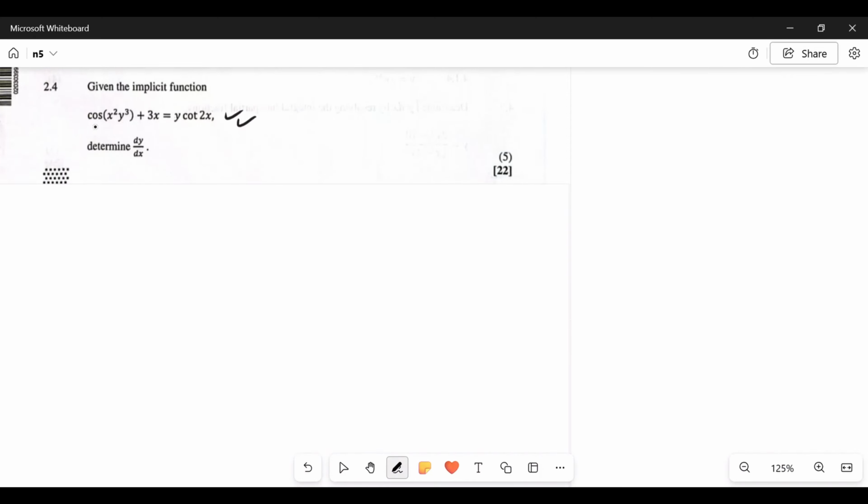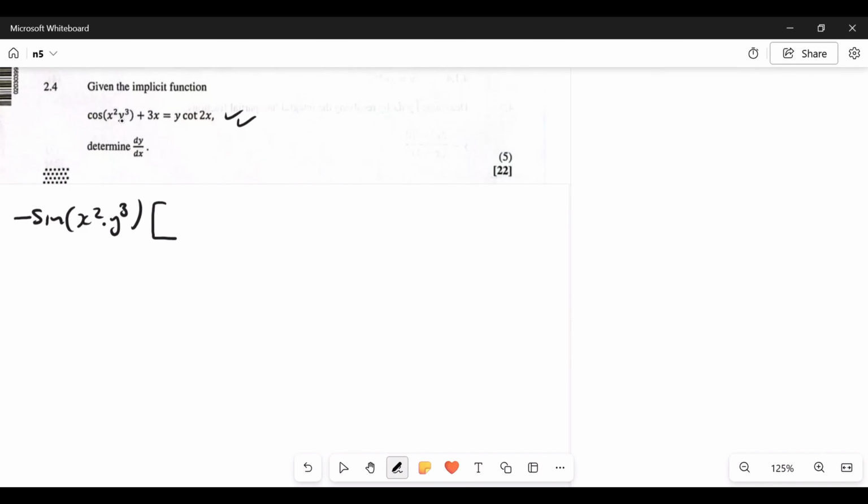So how are you going to differentiate this? We're going to start by differentiating cos. What is the derivative of cos? It's actually negative sine, and then we have (x squared multiplied by y cubed). Now we have to derive what's inside, x squared multiplied by y cubed. This here is a product rule, so we open the bracket.